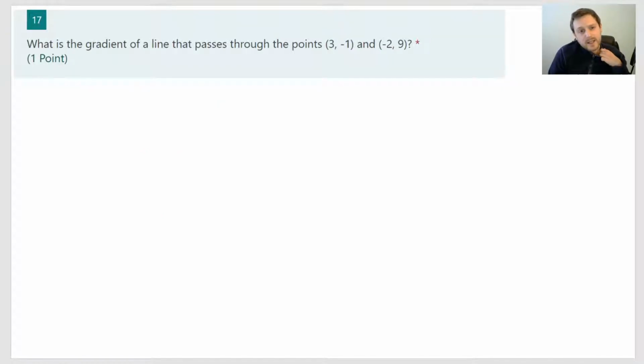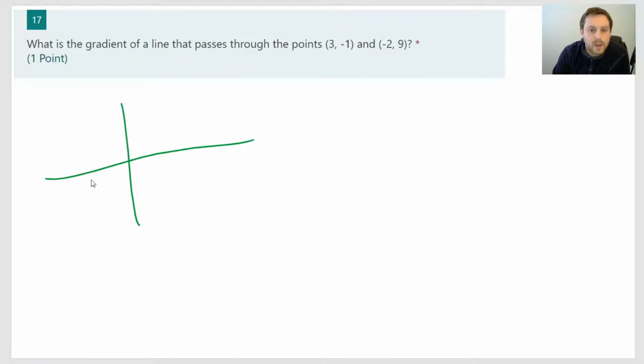Right, number 17, same idea. Let's again draw a little picture. We'll do the -2, 9 first, just because I want to put the smaller x number first, if that makes sense, because I'm going to be going along left to right.